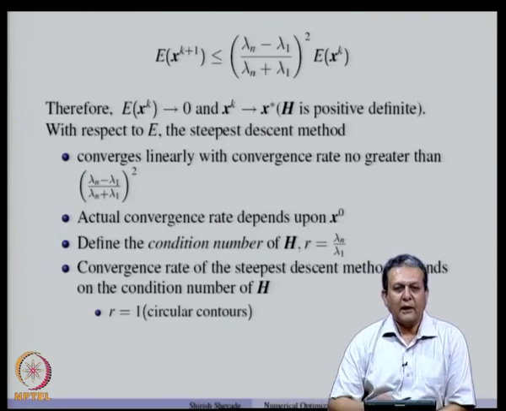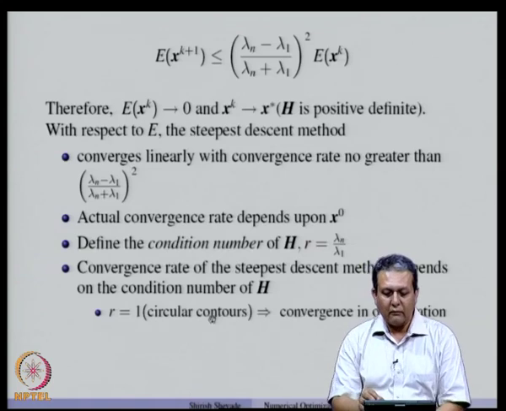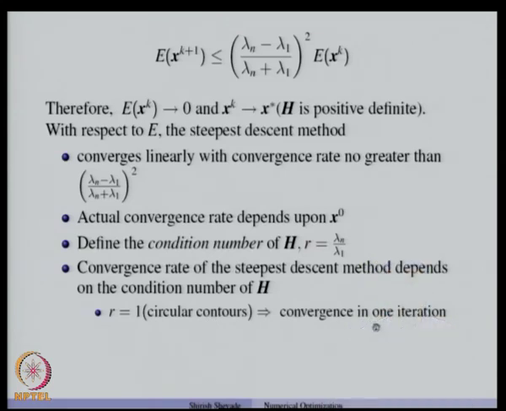So, if we have r equal to 1 which corresponds to circular contours, then the convergence of the steepest descent method required only one iteration. On the other hand, if r is much greater than 1, which corresponds to elliptical contours, in that case we saw that the convergence required many more iterations before the algorithm reached the point x star.